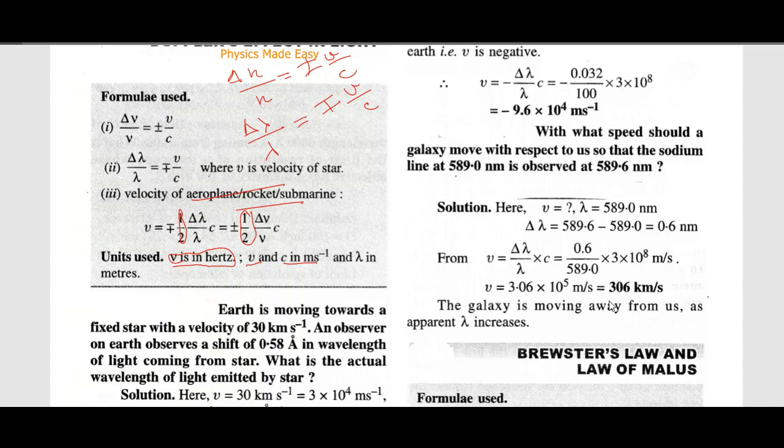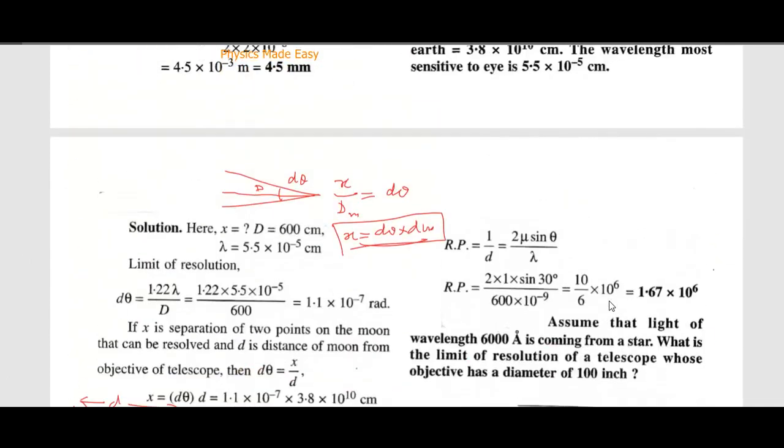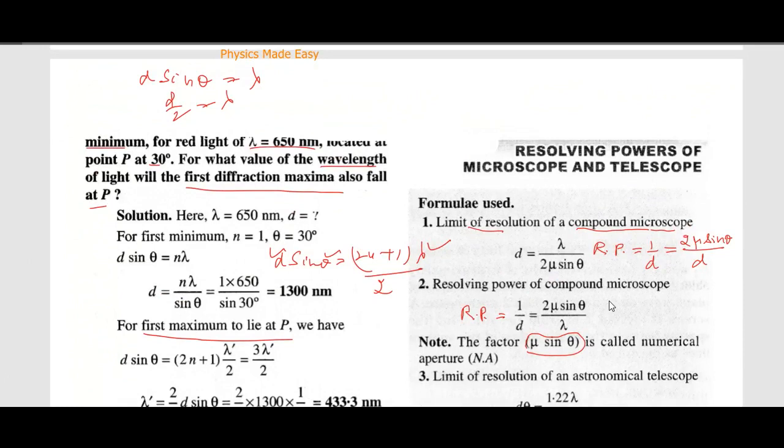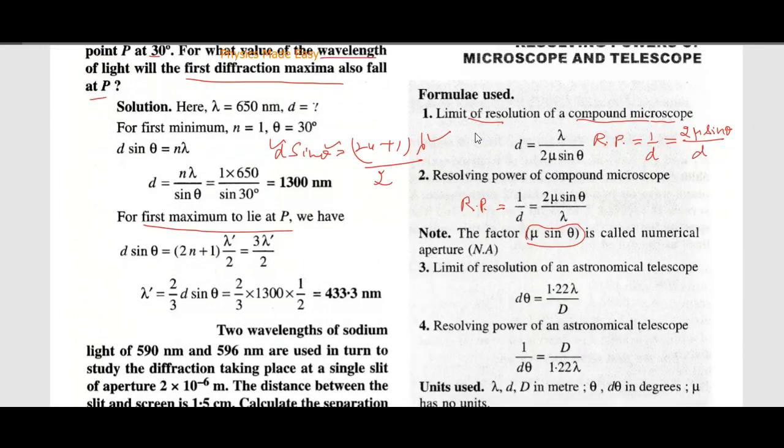So what are the important points that we got from the whole of this lecture? One is that limit of resolution is the opposite of resolving power. First point, notice, and this mu sine theta is numerical aperture. Limit of resolution is the opposite of resolving power.